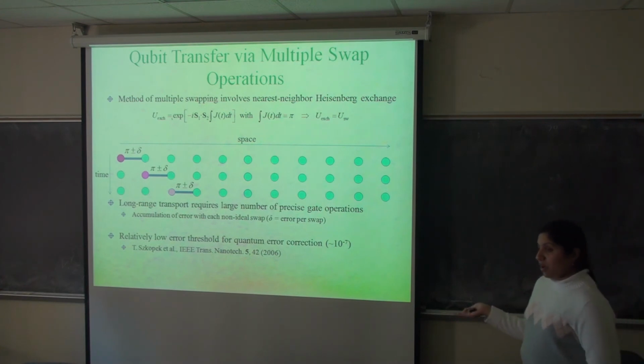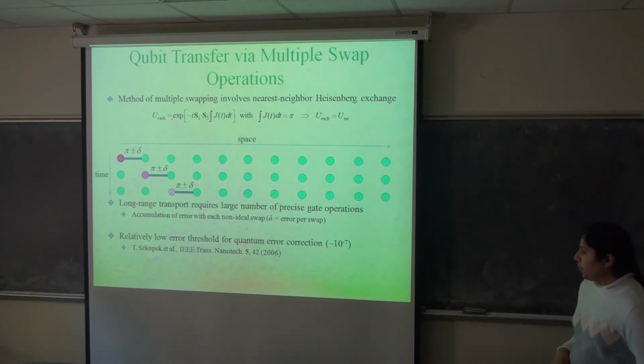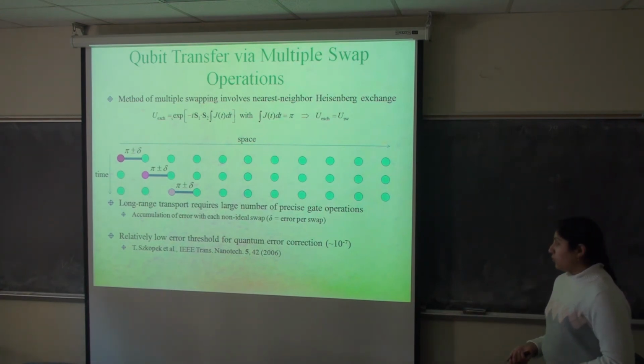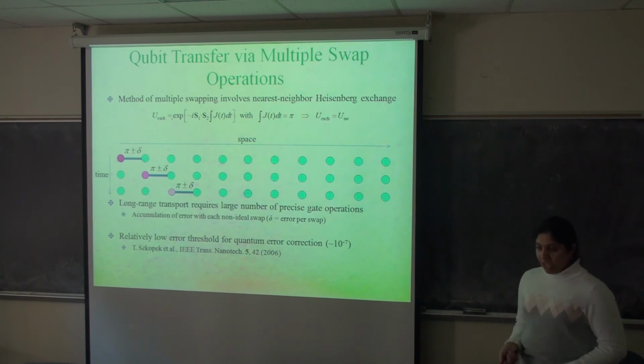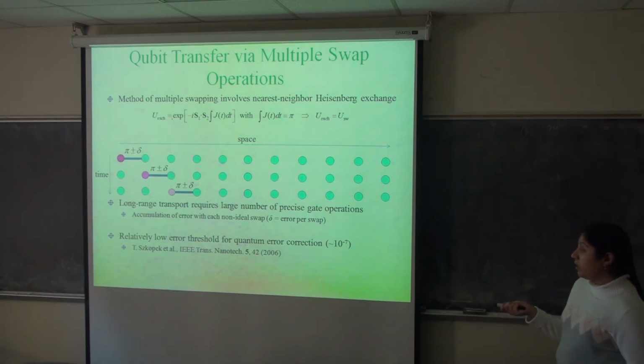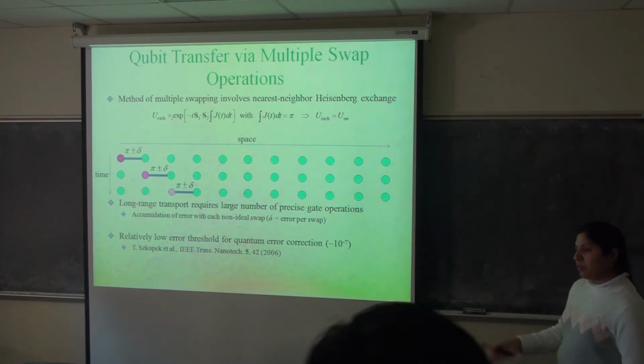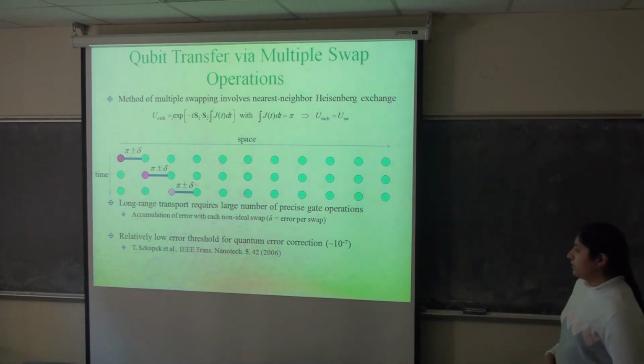And so you can see that this becomes a problem for long-range transport. In addition, the error threshold for quantum error correction for this method, which tells us how many errors we can have for a certain number of gates, is relatively low for this method. It's of the order of 10 to the minus 7. And so we see that this is not really an ideal method for transporting quantum information over long distances.